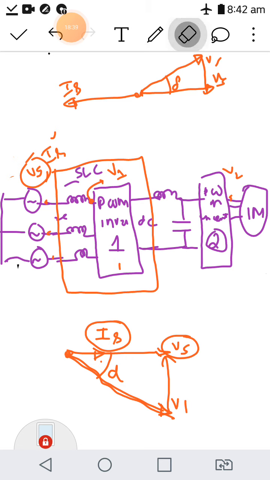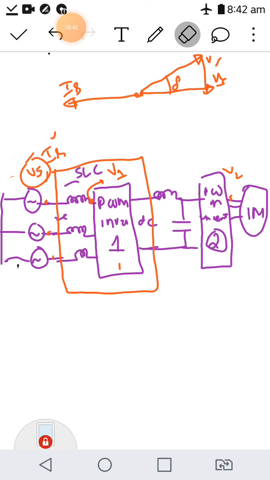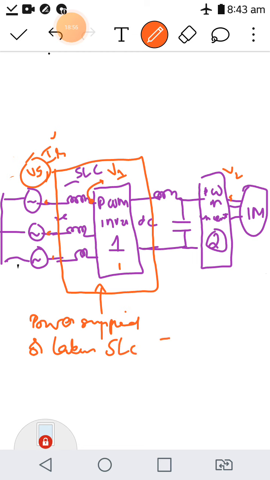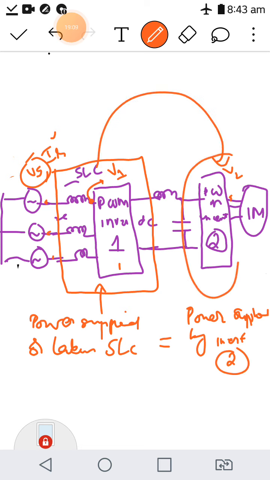Okay, now another feature of this synchronous link converter is that at steady state operation, the power supplied or taken by SLC should be equal to the power supplied or taken by inverter 2.